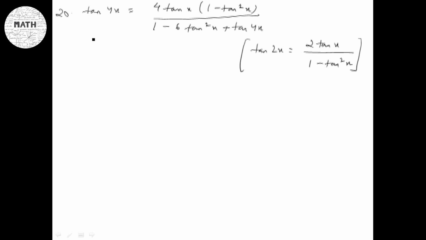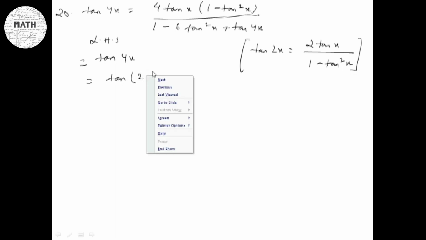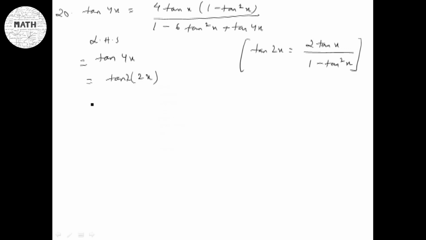Okay, so let me take your left hand side. Your left hand side is given to be tan 4x. Can I say tan 2 into 2x? So consider this one to be your x. So tan 2x is how much? 2 tan x divided by 1 − tan²x. But again, what's the formula for tan 2x?